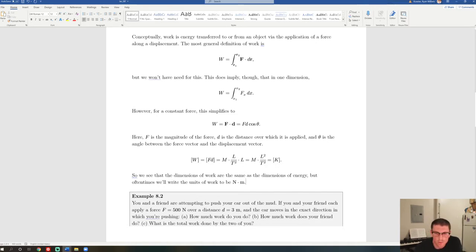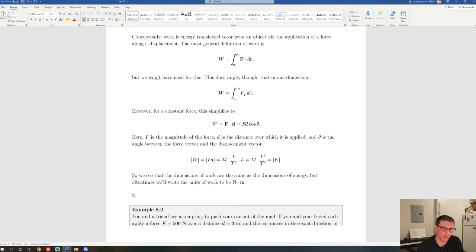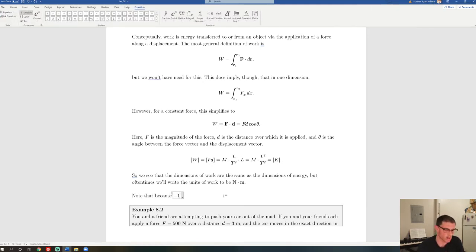I do want to say one more thing about work before we look at this next example here. Note that, and this is where one of those properties of trig functions that I mentioned at the very beginning is useful, cosine is bounded between -1 and 1.